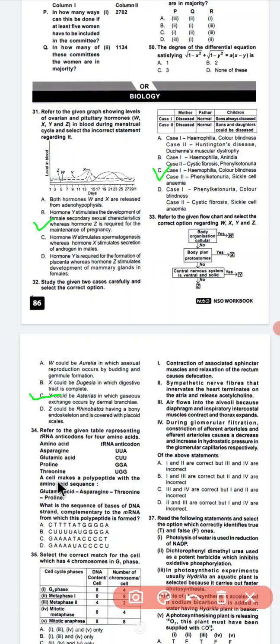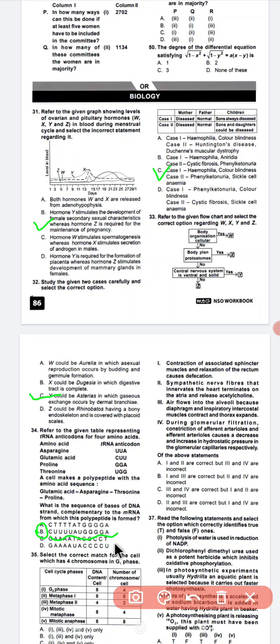Now a cell makes a polypeptide with the amino acid sequence glutamic acid, asparagine, threonine, and proline. What is the sequence of bases of DNA strand complementary to the mRNA from which the polypeptide is formed? We have been provided these four options. You have to choose the best option. So accordingly substitute the values and you will get it. The correct answer option is option B.